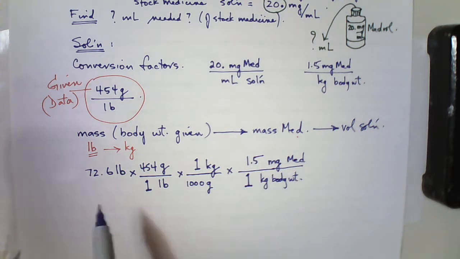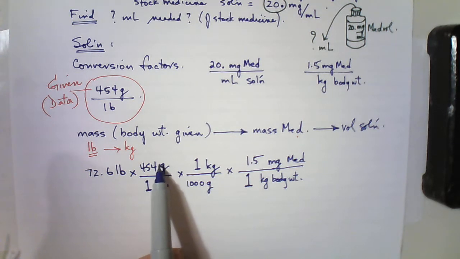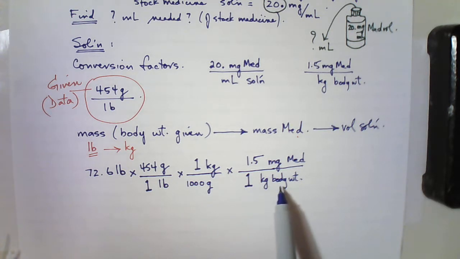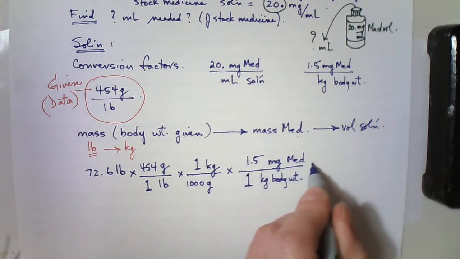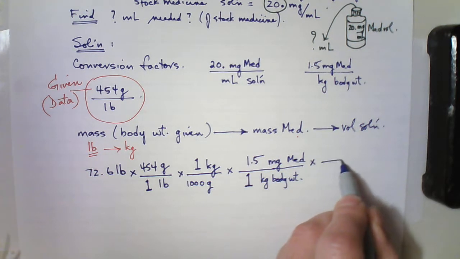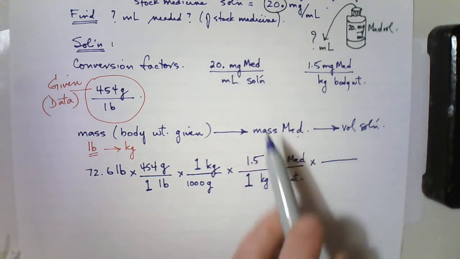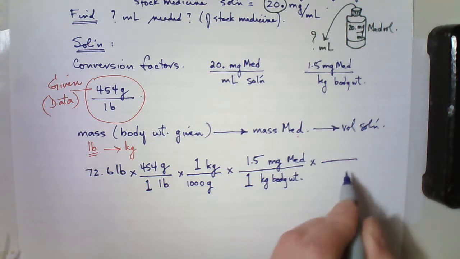Terrific. So see what I've done so far? I've converted pounds to grams, and grams to kilograms, and kilograms of body weight to a corresponding milligrams of Medrol needed for that body weight. And now I want to know what volume that is contained in. So I want to convert from milligrams of Medrol to a corresponding volume of medicine.